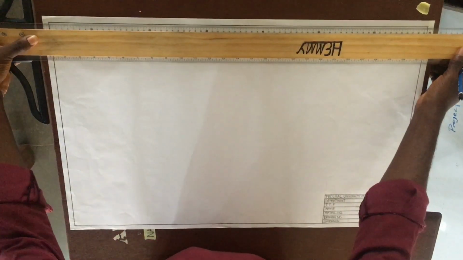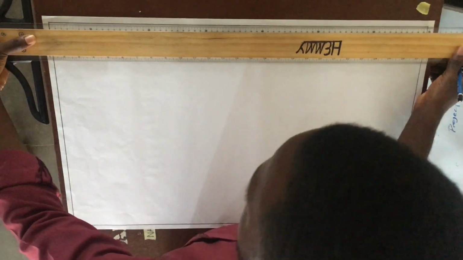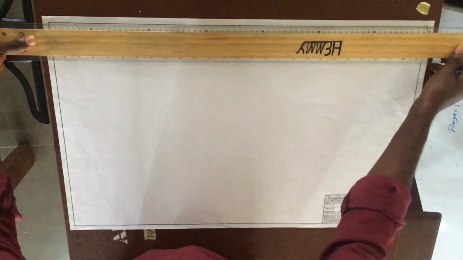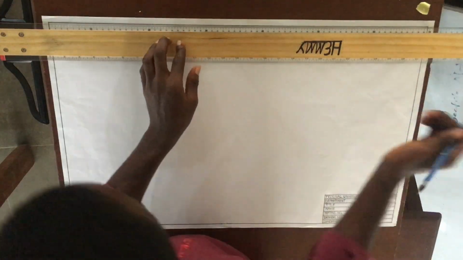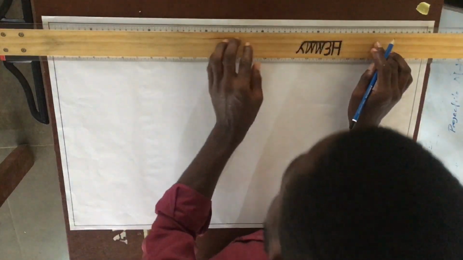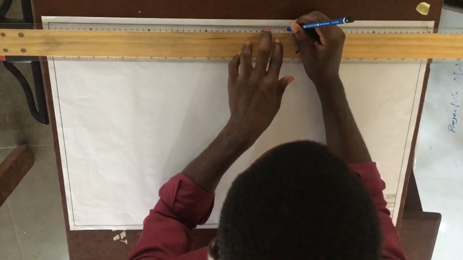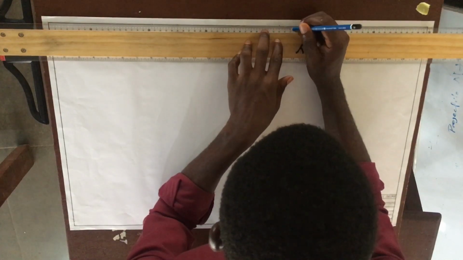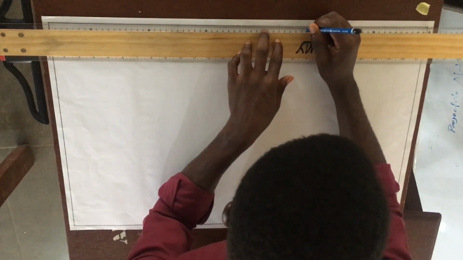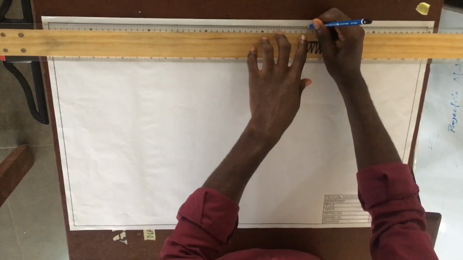Okay, so we're going to divide it in the order of, this should be around 66.5, I think. Yeah, so let's make it 25. And let's make this 20. Yeah, 20 should be okay.